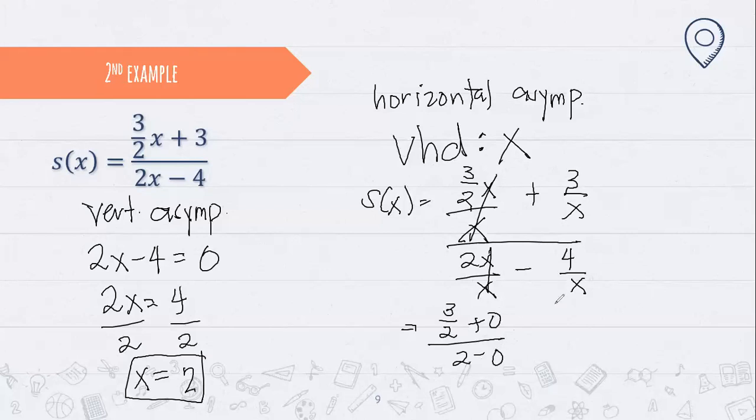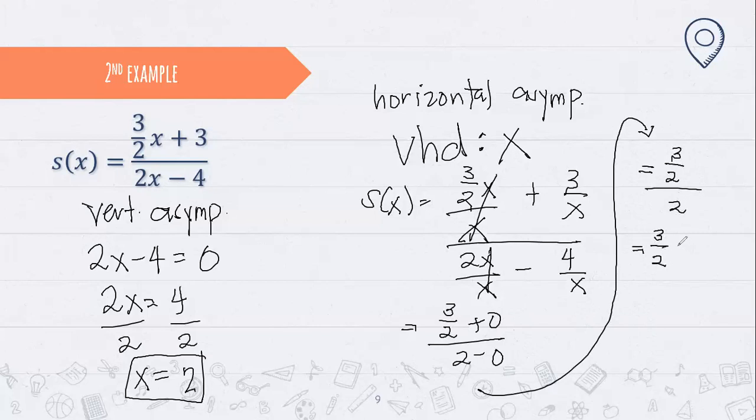So we have 3 over 2 pa. I-reciprocate si 2, magiging 1/2. Pero ang operation natin magiging times. So we have 3 over 2 times 1/2. Simplify further, we have 3/4. So our horizontal asymptote is at y is equal to 3 over 4.